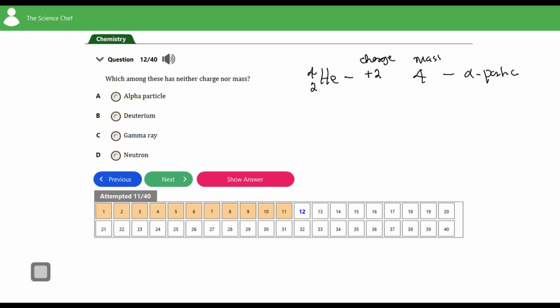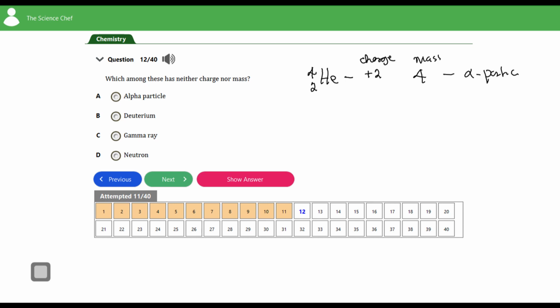Why is it represented by the helium nucleus and not the helium atom? The helium atom is neutral because it will have 2 electrons and 2 protons, so its overall charge is 0. But the alpha particles are positively charged, and because they are positively charged, the nucleus contains only protons, which is why it's represented as the helium nucleus, because it has a charge of +2.